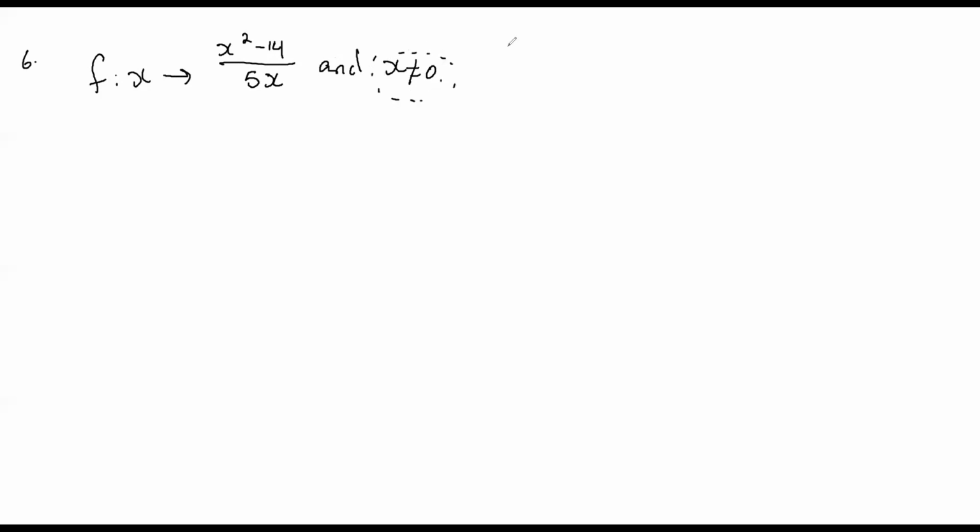Because let me ask you, if x was 0, what would have happened? It would be 0 squared minus 14 over 5 times 0, which is negative 14 over 0. But can you divide by 0? No, it's going to be undefined, because you can't.